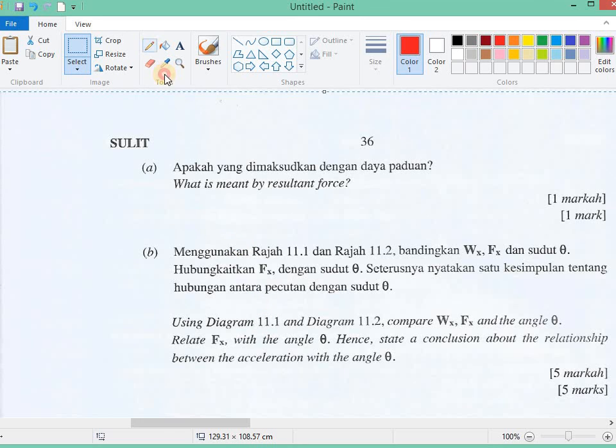Okay, so what is meant by resultant force?